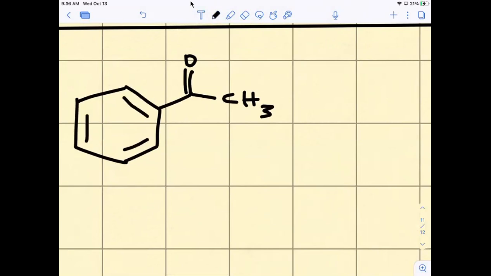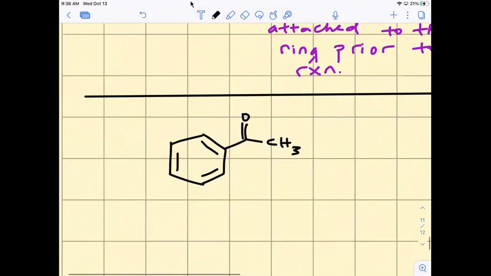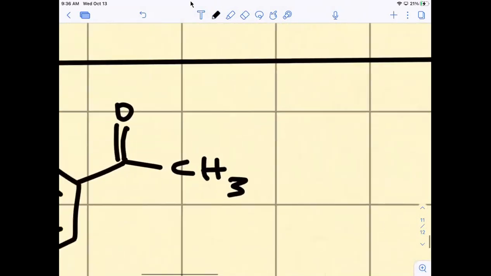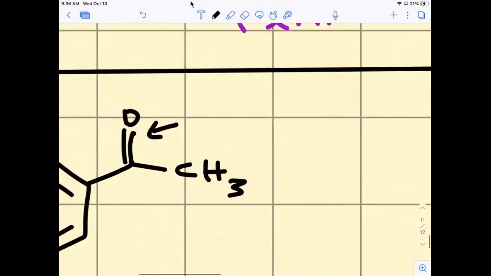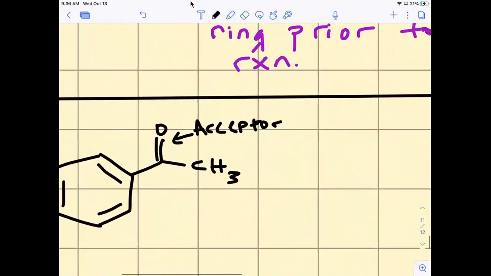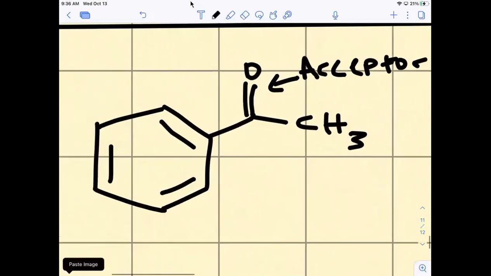I just want to make a point with the aromatic system. If it has a carbonyl, which is an acceptor, and we think in terms of resonance, we could do this.